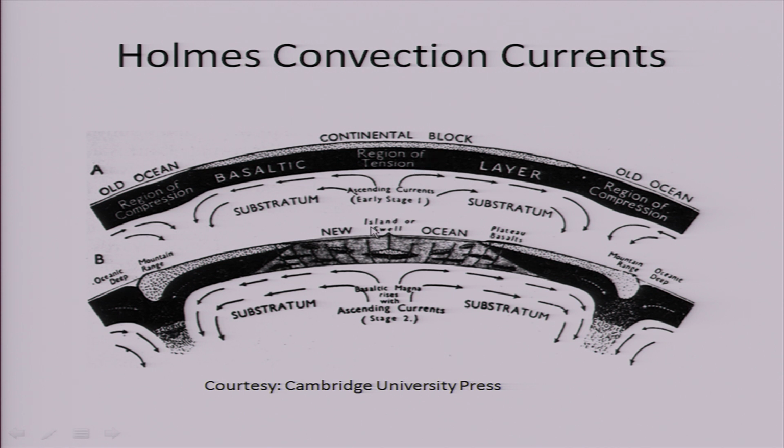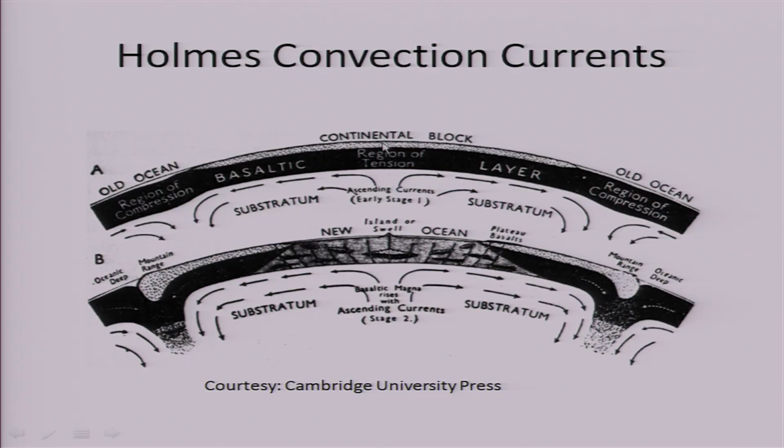You see in this figure, below the continental block there are ascending convection currents, and once their energy decreases, they come down as downwelling convection currents. Where they are upwelling, at this point, there will be faulting of the crust, a crack or fault will develop, and it can also give rise to a volcano at this point.